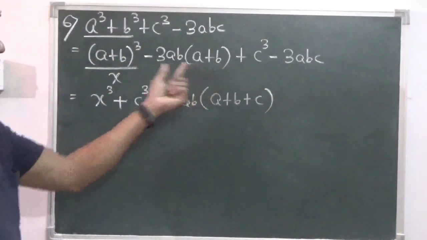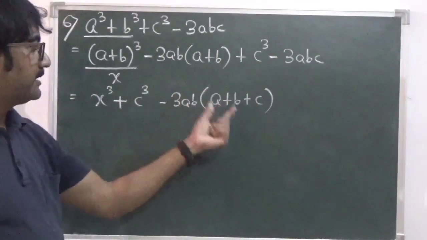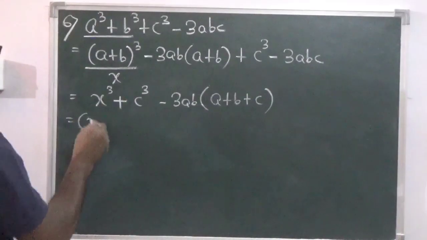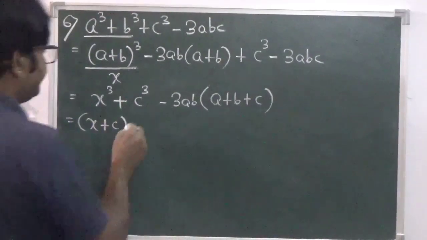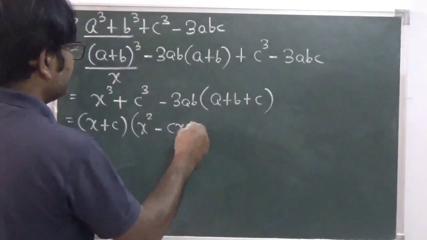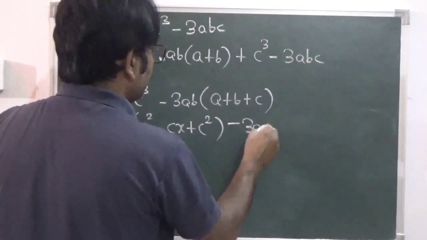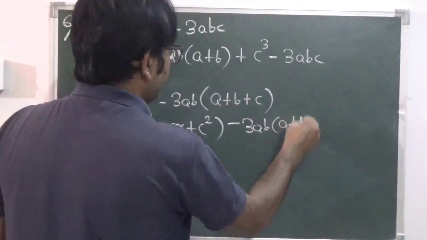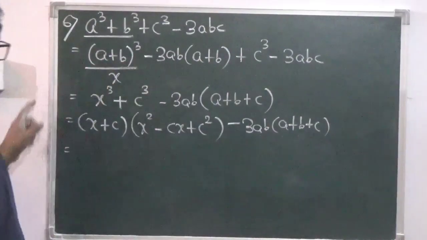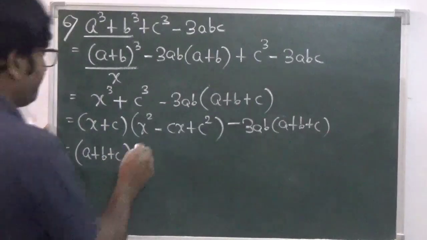If you take minus 3ab common, minus 3ab comes out, so a plus b, and from here it is c. Okay, so a cube plus b cube, so it is a plus b into a square minus ax plus c square, so minus 3ab into a plus b plus c. In place of x, let us write a plus b again, so it becomes a plus b plus c.